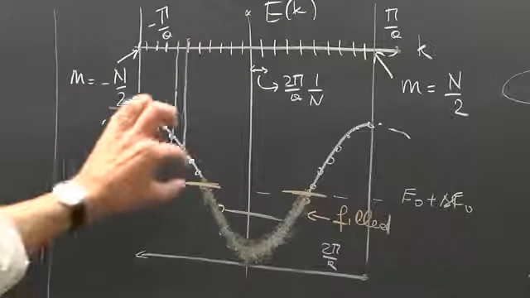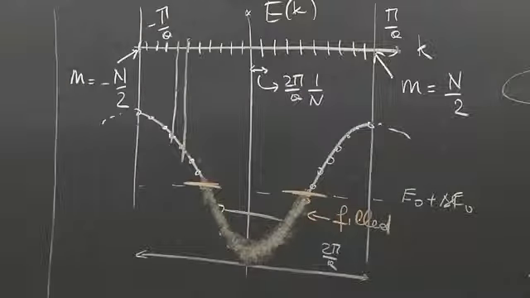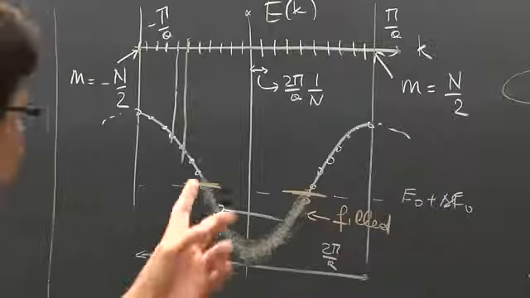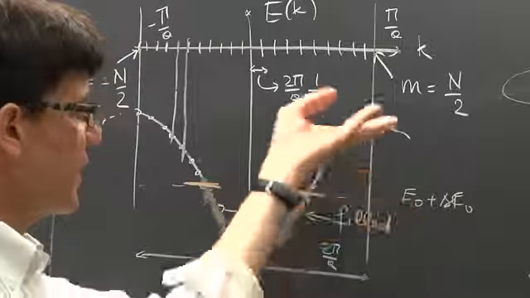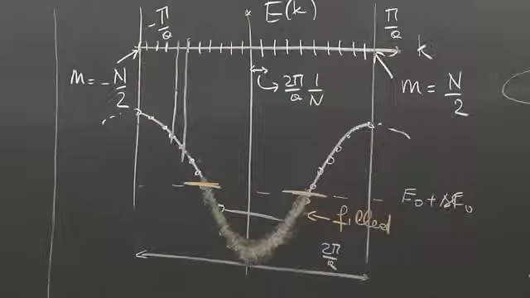You're just making this grid an extremely fine one, to the point that it becomes a continuum of points, but the fact that all these states are filled up to halfway and all the other ones are empty remains true for an arbitrary n, and therefore also for n going to infinity.